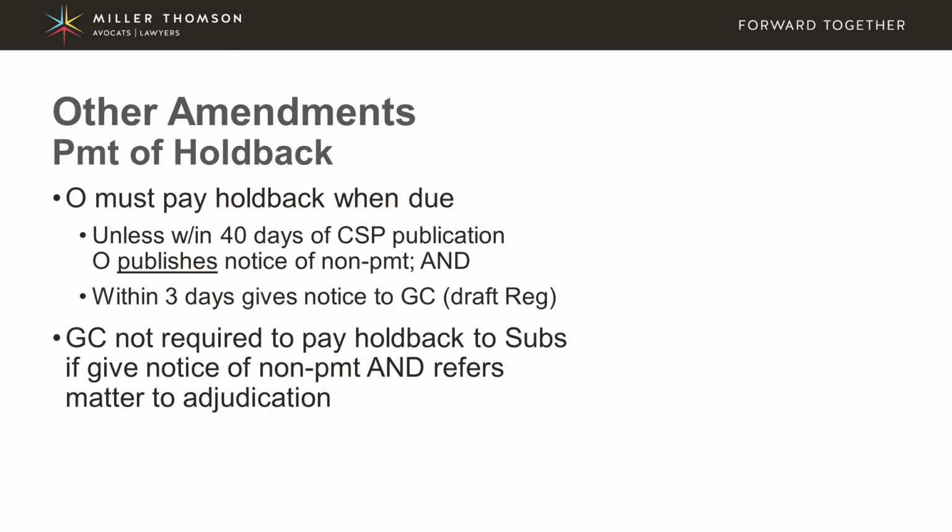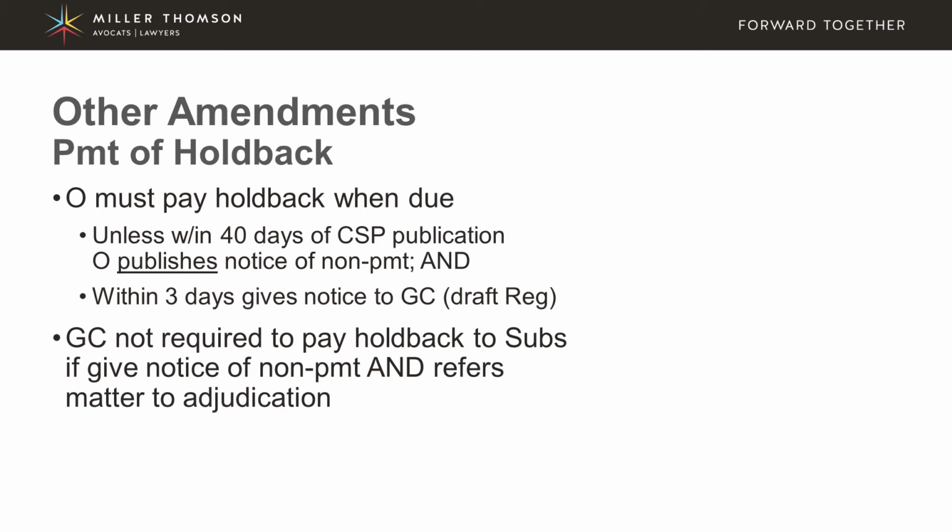Another amendment with respect to the payment of holdback is that the owner must pay the holdback when it becomes due, unless within 40 days of publishing a certificate of substantial performance, the owner publishes a notice of non-payment.